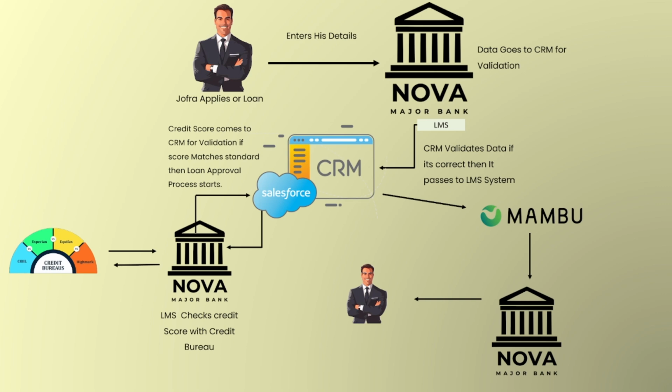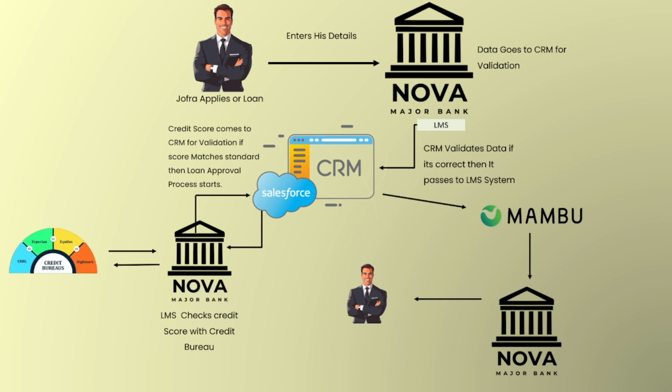In this picture you can see that from Noah Major Bank it goes to CRM, some data gets exchanged, some automation happens, then it goes back to Noah, then it goes to the credit bureau, from the credit bureau it comes back to Noah Major Bank, from Noah Major Bank again to the CRM system, then from the CRM system it passes to the core banking system, then the core banking system tells Noah Major Bank, okay, disburse this much amount, then the amount gets disbursed into Jofra's account.